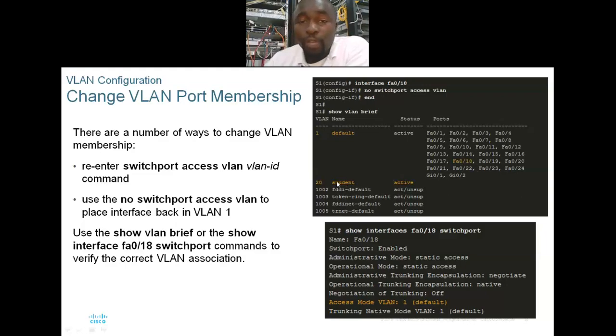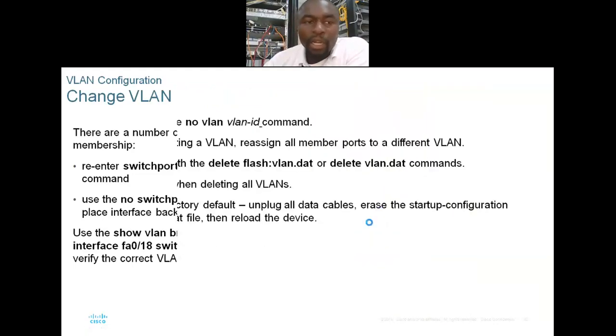So if I use my switchport access vlan 20, this port is going to move from here to here. But the moment I use the no switchport access vlan 20, it is going to take it back to the default VLAN. That is how you can remove it.